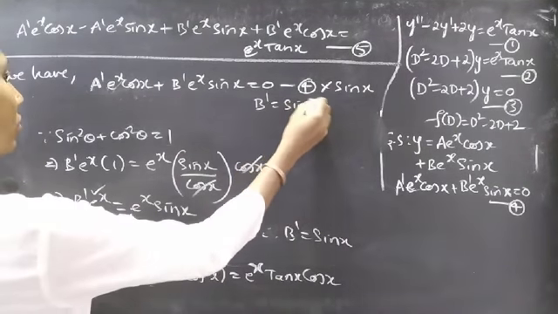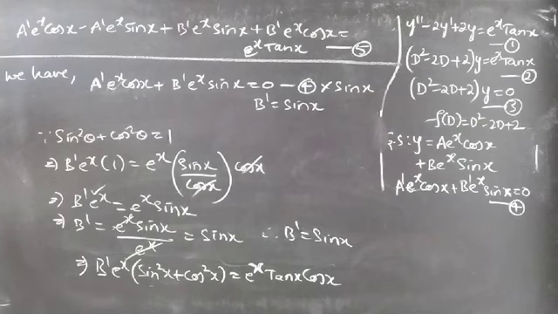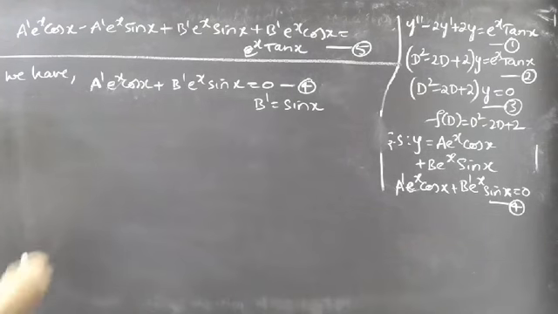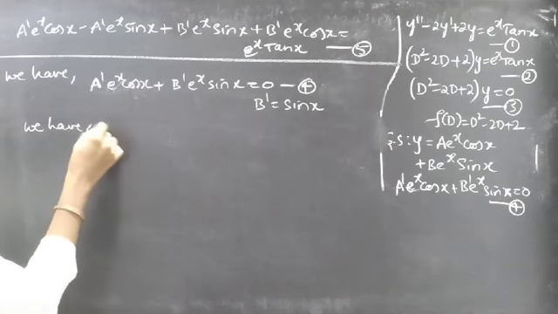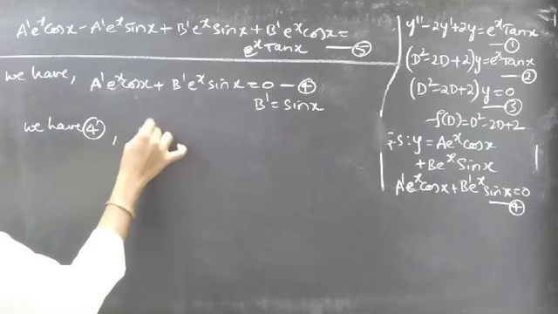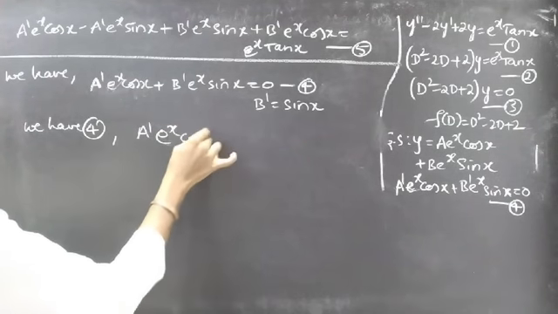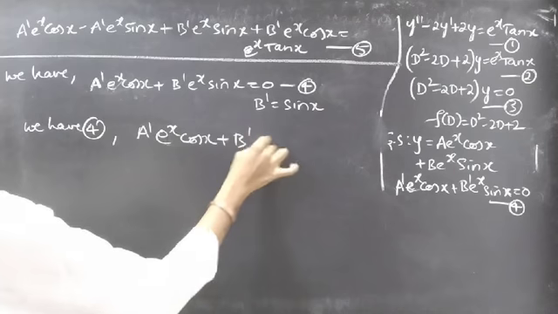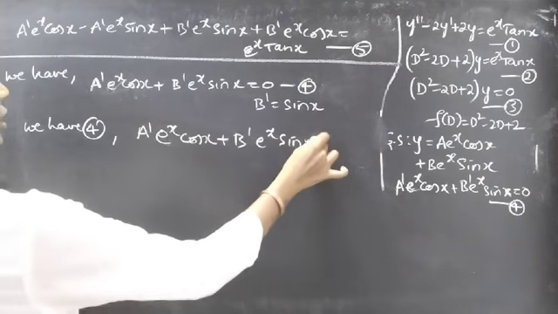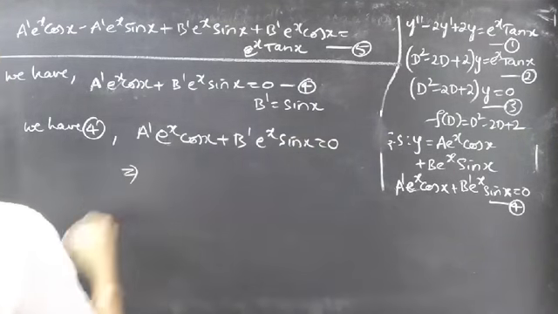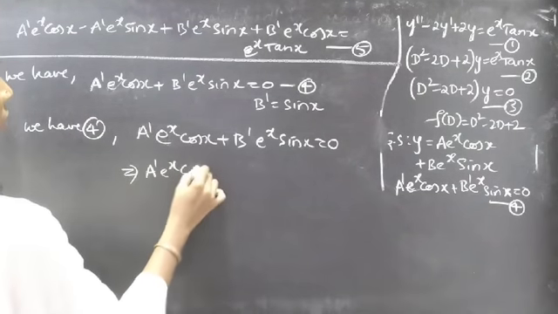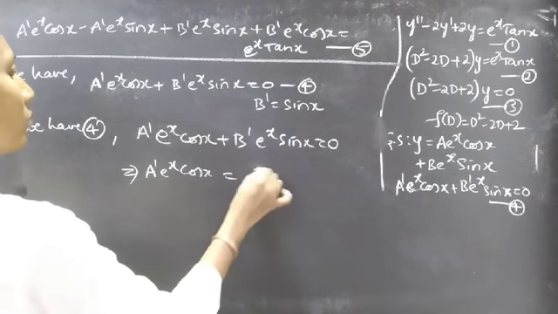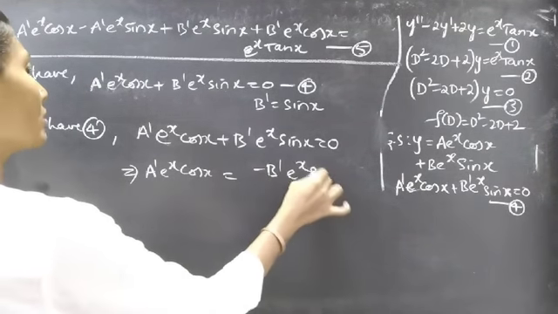By substituting b dash in equation 4, we'll get a dash. We have equation 4: a dash e power x cos x plus b dash e power x sin x equal to 0, right? Now take the second term to the RHS, we'll get minus b dash e power x sin x.